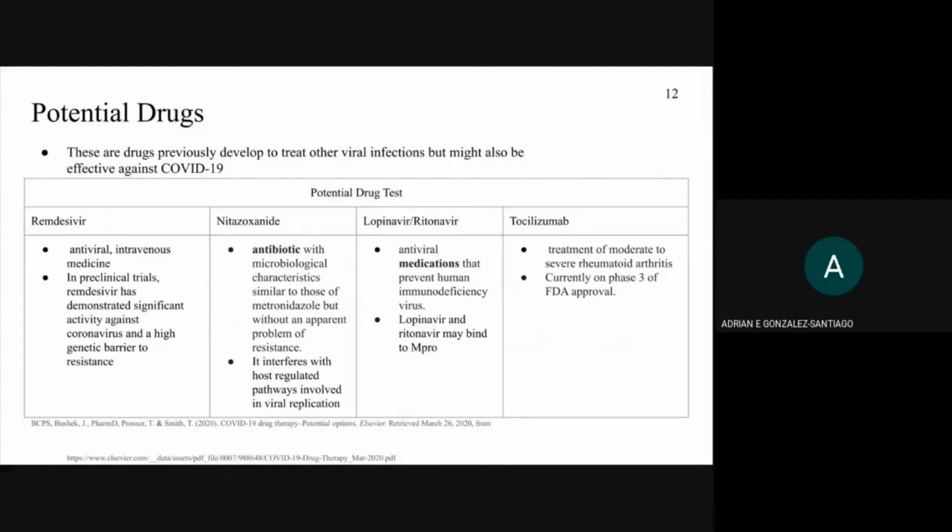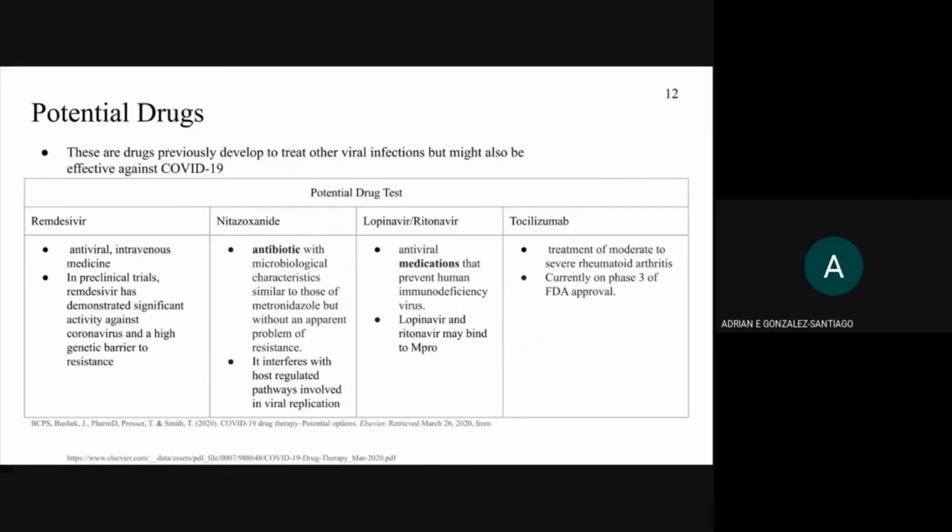First, we have remdesivir, which is an antiviral medicine that has shown in vivo and in vitro, in animal models, to attack the disease and not let it spread throughout the body. But this medicine has not been approved yet for commercial use, and it's still waiting on clinical trials.